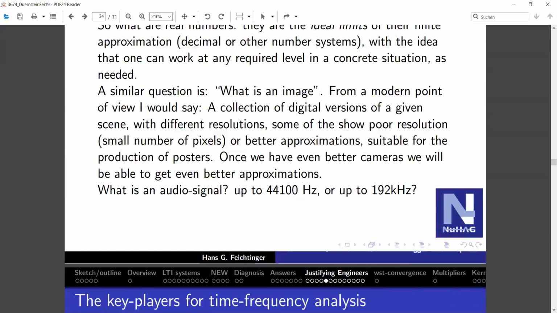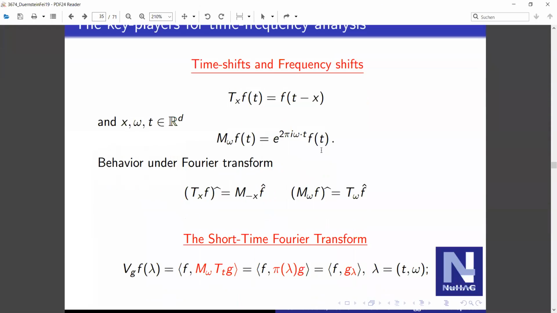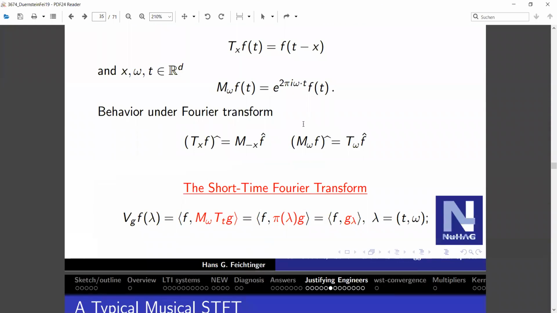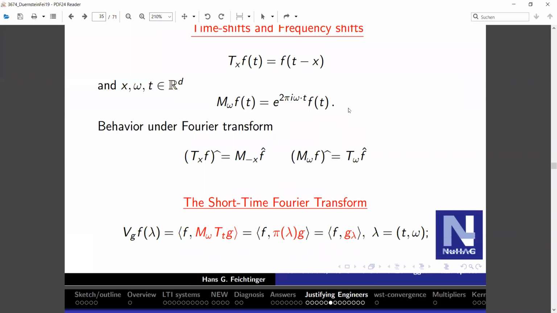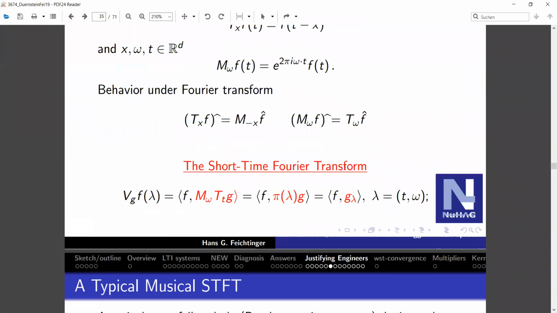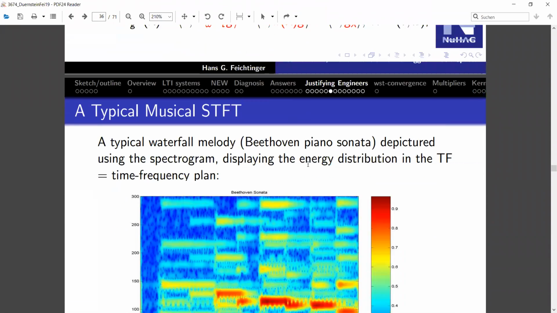But okay, so maybe following that slide, I'm just telling you that the standard approach to S0 would be, we start with time shifts, frequency shifts, time-frequency shifts, and we define the short-time Fourier transform.